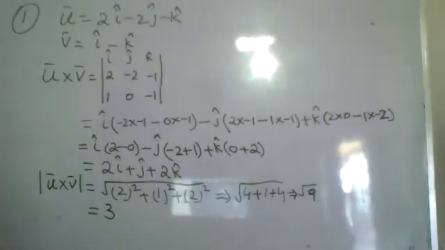Find the area of the triangle. In the previous exercise, we found the angle of the triangles. Here we are finding the area of the triangle PQR. The coordinates of P, Q and R are given. Find a unit vector perpendicular to the plane PQR.